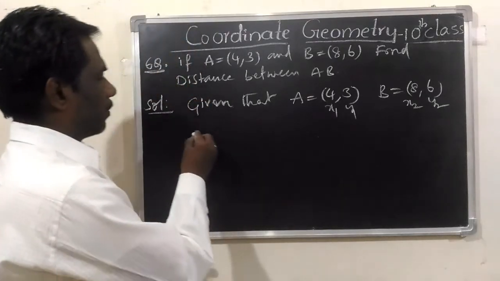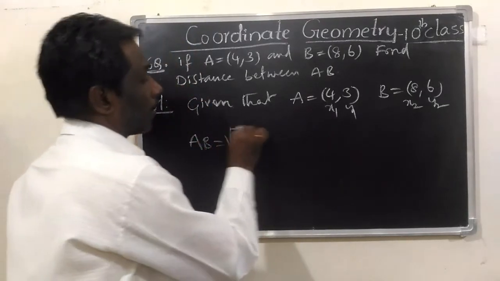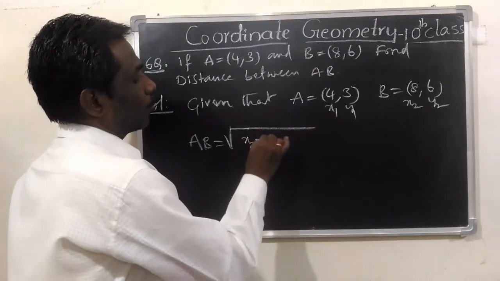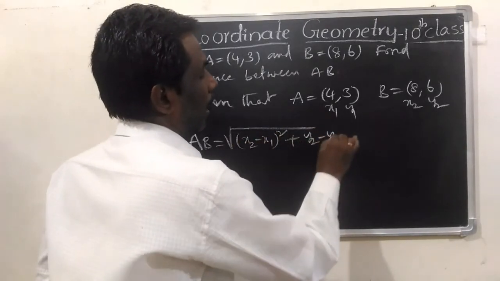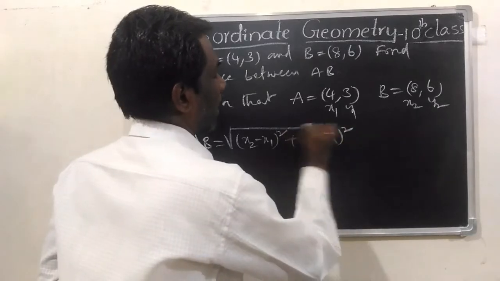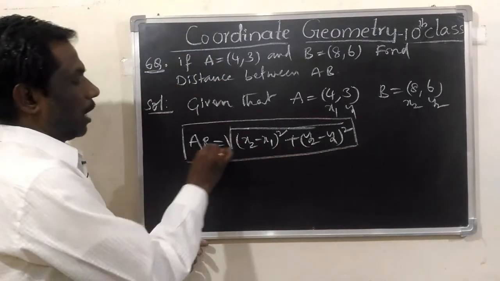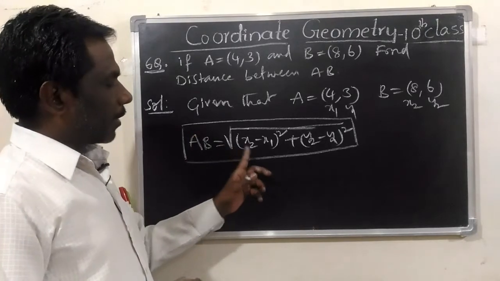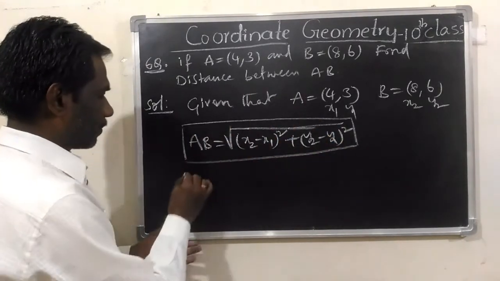Then we can use the formula AB is equal to under root of (x2 minus x1) whole square plus (y2 minus y1) whole square.